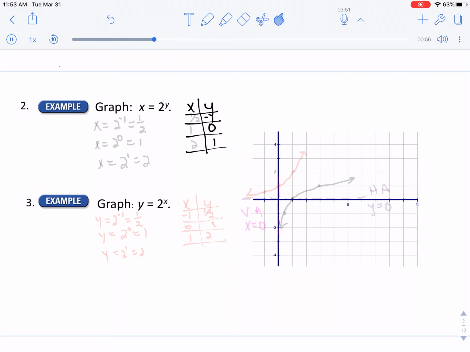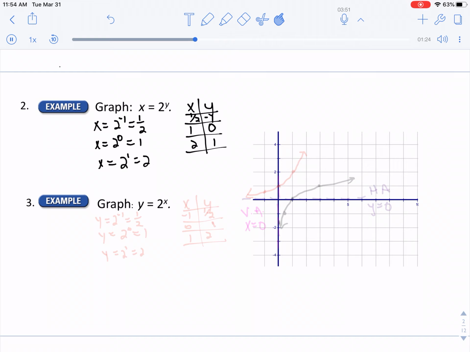Then when we plug that in, we get x equals 2 to the negative 1 power, and remember that negative exponent causes that to flip over to become 1/2. So we get a 1/2. And then x equals 2 to the 0 power, and 2 to the 0 power is 1. And then x equals 2 to the first power, which is 2.